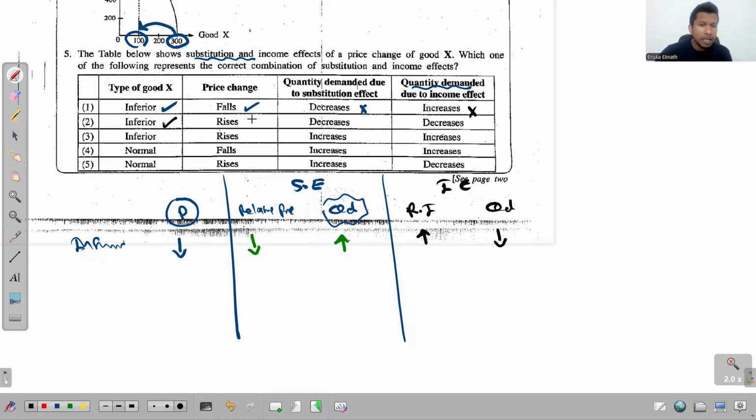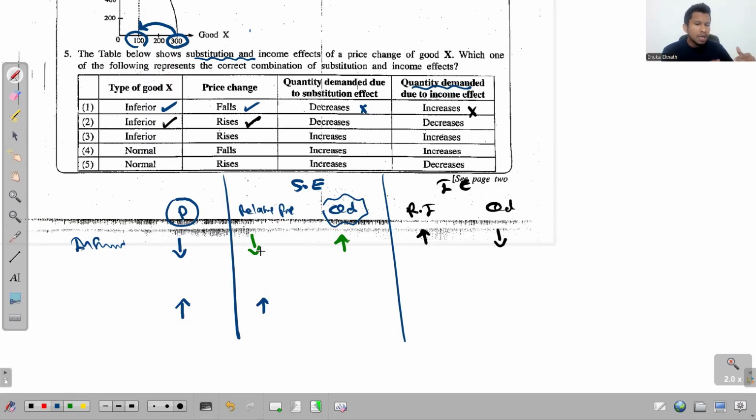Right. Now, think about the second one. Again, the good is inferior. This time the price increases. Right. Let's see what will happen if the price increases. Now, the market price increases so that the relative price of the product also increases, which means simply the product becomes relatively expensive compared with the other substitutes available in the market.